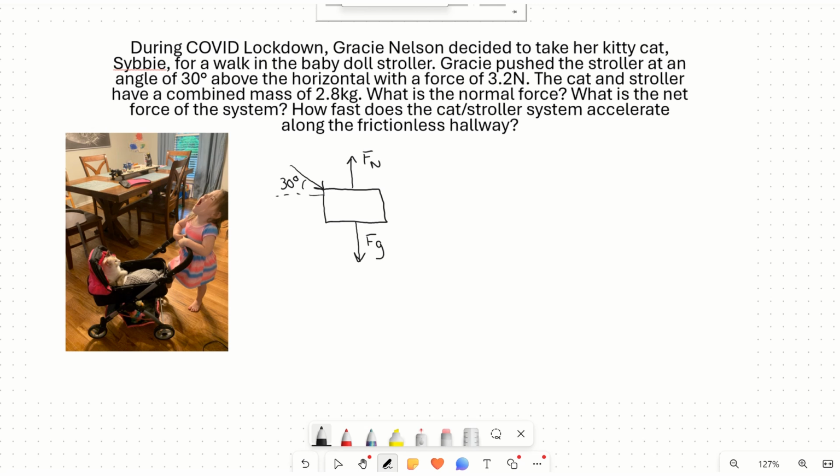That pushing force can be resolved into two different forces. So if I draw it over here, I have my force applied that Gracie is applying. That has a downward component, and that has a component that goes to the right. So I'm actually going to draw this as two different points.